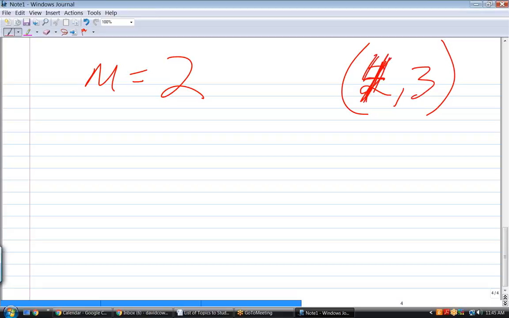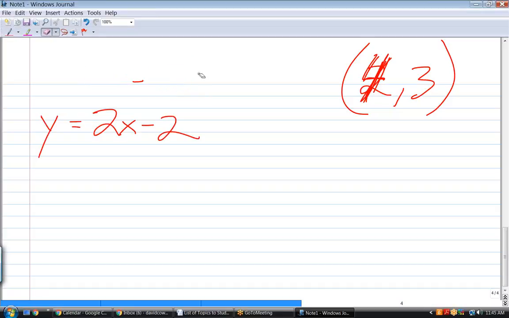Give me the equation of a line that is parallel. Here's the line we came up with. That was the equation of the line. Now give me the equation of a line that is parallel to this line and goes through this point.